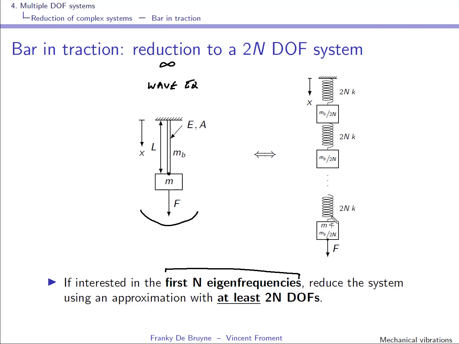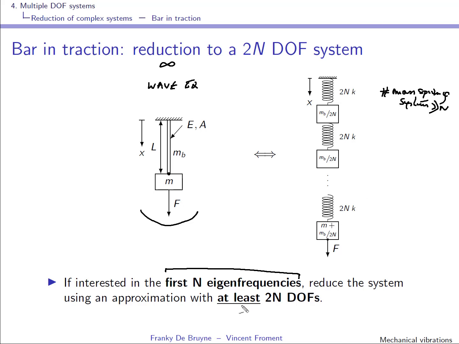But in order to approximate these first eigenfrequencies, the number of mass spring systems that you have to consider is higher than n, and it has to be substantially higher than n.